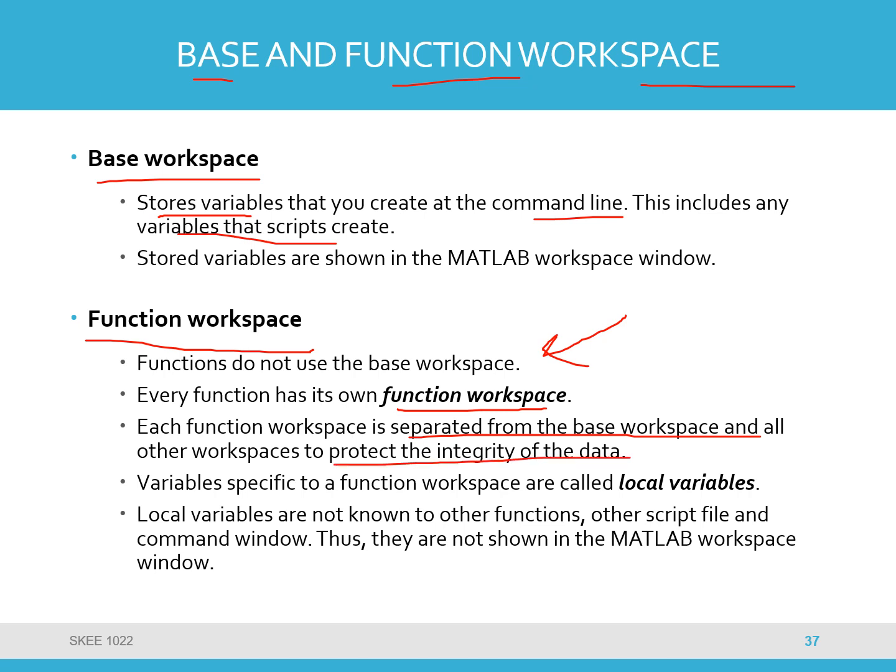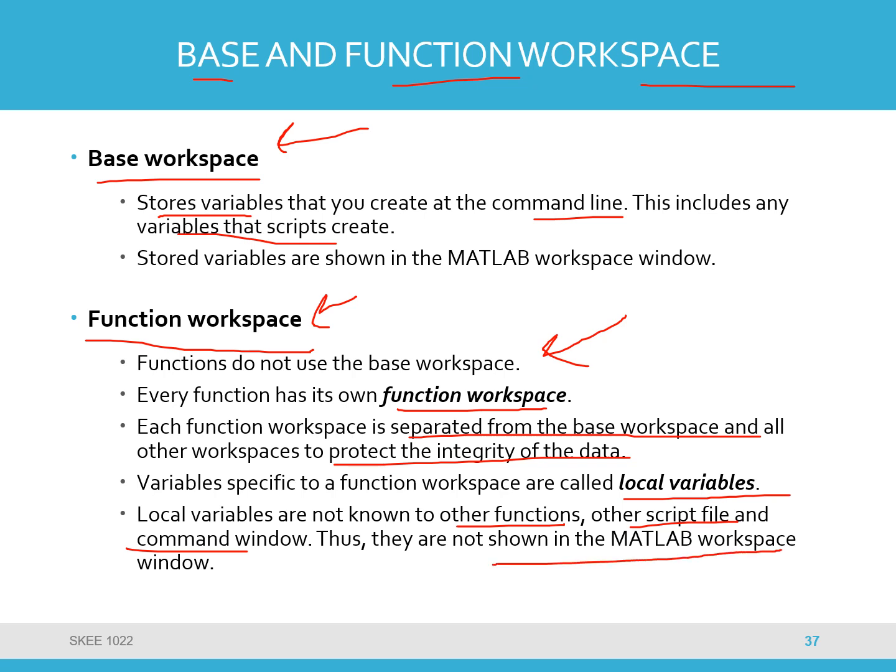Variables specific to the function workspace are called local variables. So local variables are not known to other functions. It's only local to the function. This is a global variable. So basically all can access the variable, but for function workspace it is a local variable, so it cannot be used by other function, other script, or the command window.